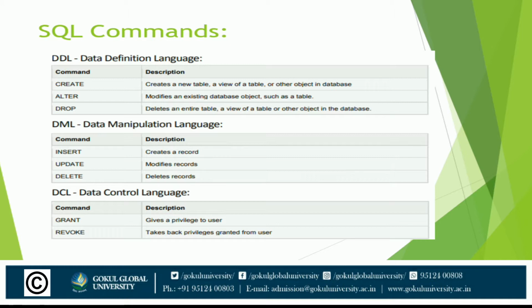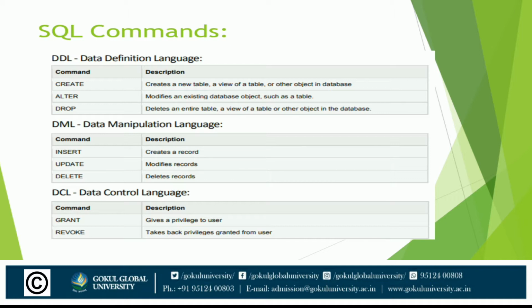SQL commands. The standard SQL commands to interact with relational databases are create, select, insert, update, delete, and drop. These commands can be classified into groups based on their nature. First, DDL, data definition language.